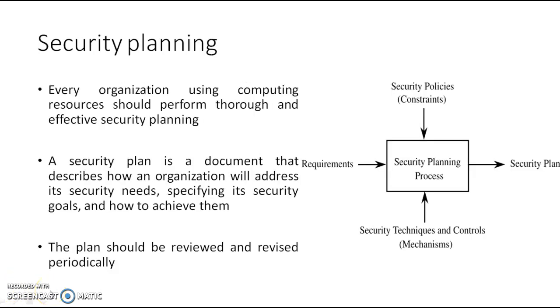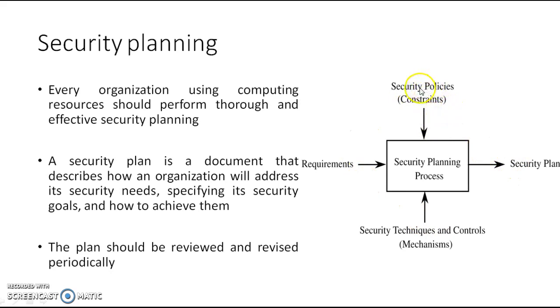Now we move to security planning, that is, what kind of plans and what kind of constraints we need. If you look at this diagram, you can see the security planning process. This is the main box, and around it we can see four different aspects.